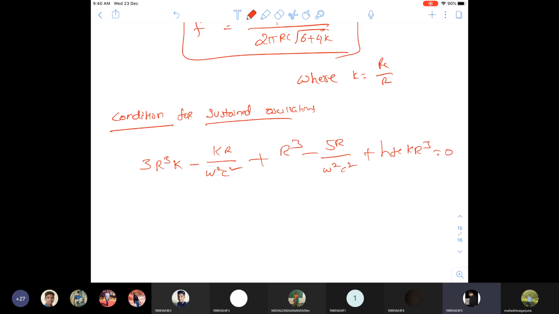Real part. So this is the condition for sustained oscillations.